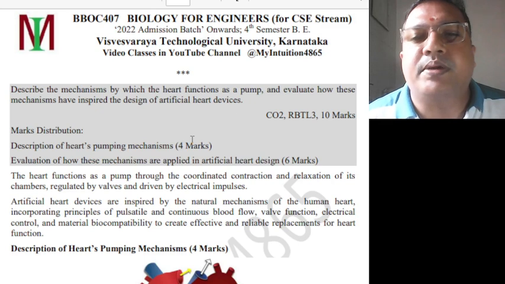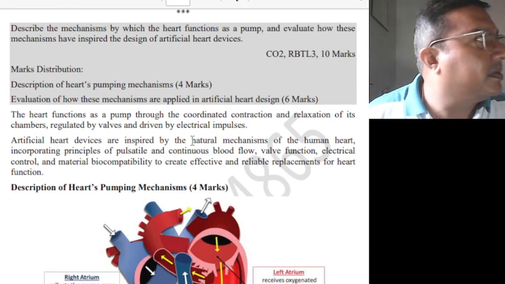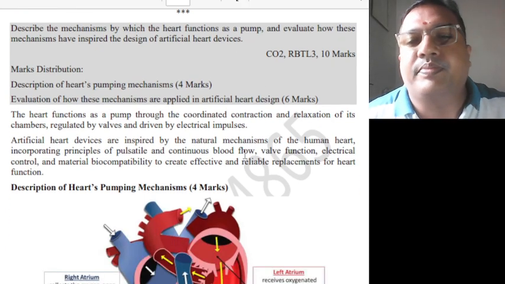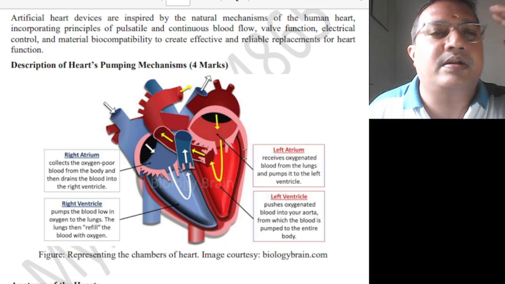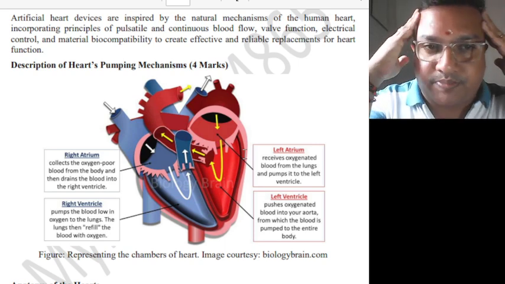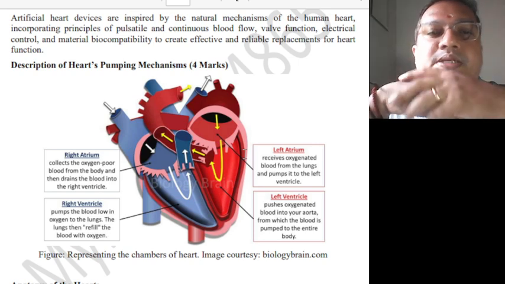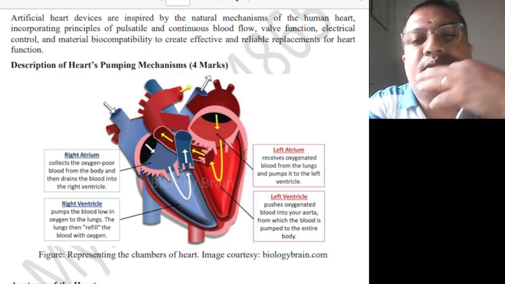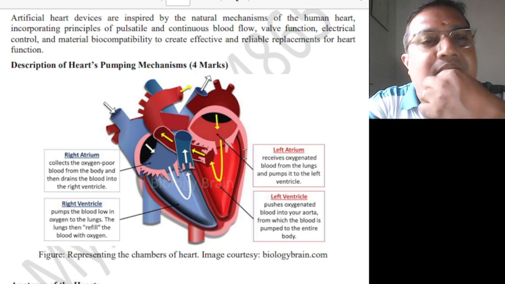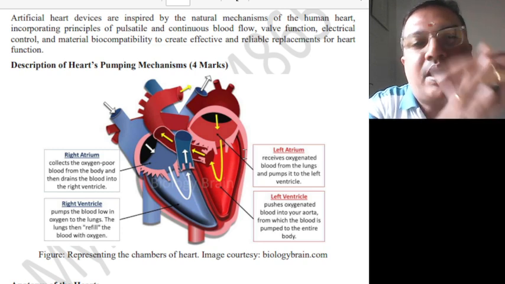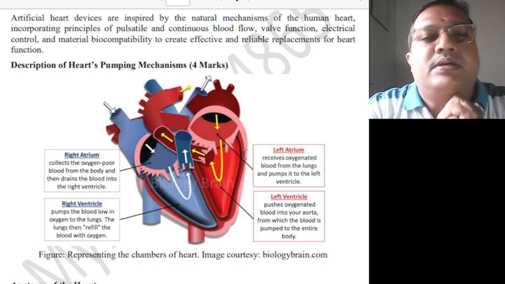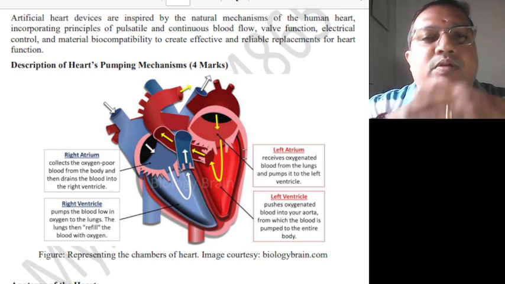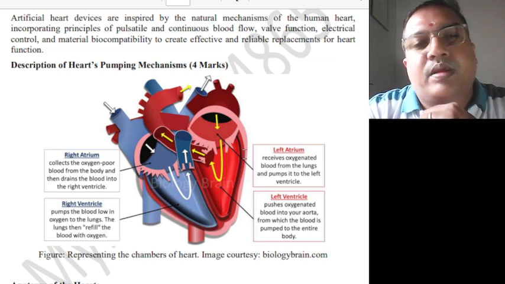Now this is the topic of the heart: the working of the heart, the pumping mechanism and the different functioning. It can be connected to an artificial heart, which we have to make, which is needed in the present condition because the technology is improving.